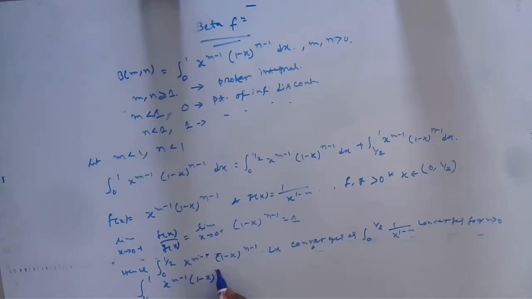Next we test the convergence of integration half to 1 x to the power m minus 1 (1 minus x) whole to the power n minus 1 dx at x equal to 1.